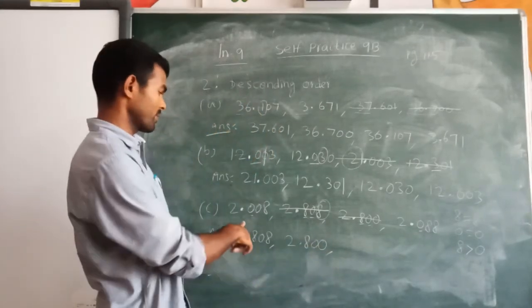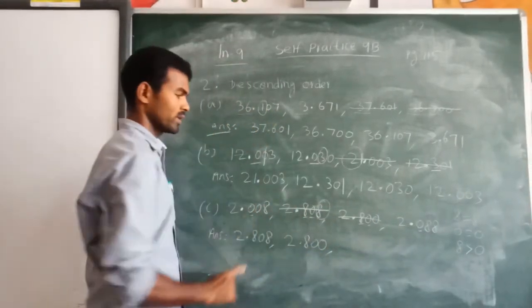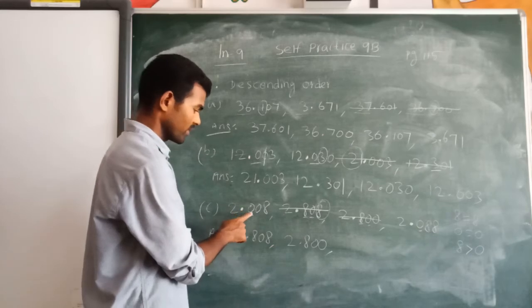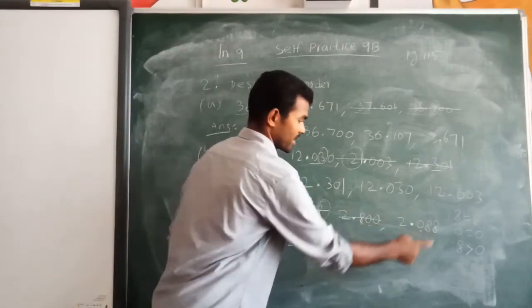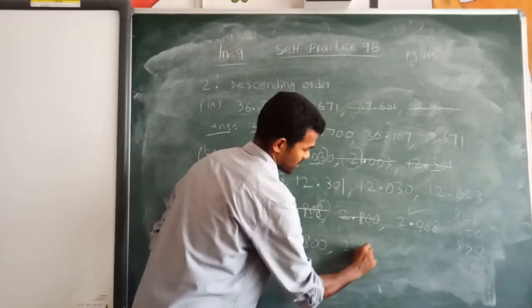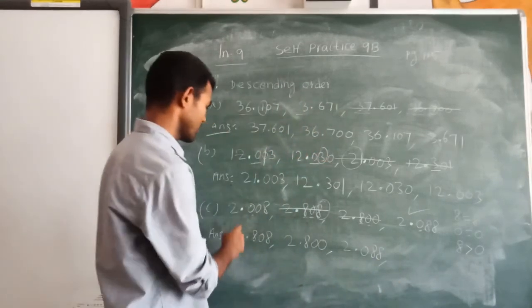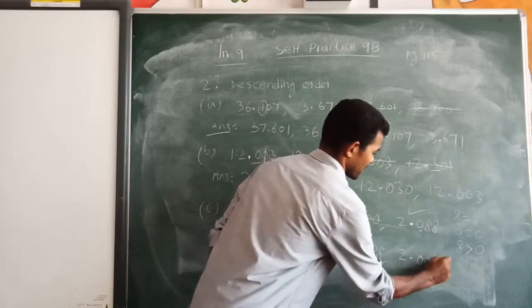Next we have these two numbers. Find out the biggest. First place 0. Second place, here is 0, here is 8. So this is the bigger number, 2.088. The last smallest number is 2.008.